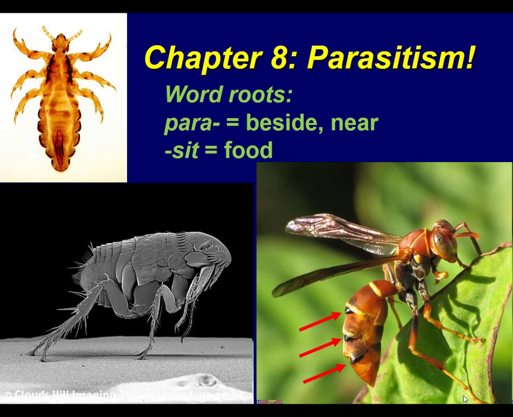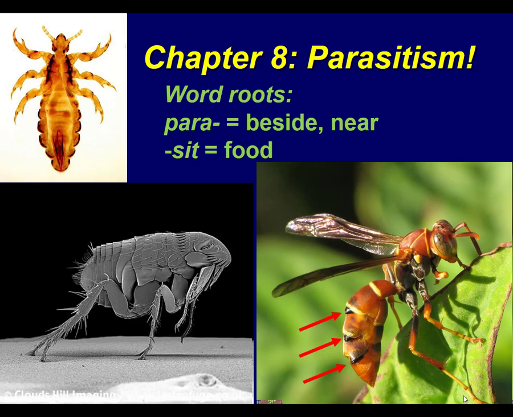All right, howdy, howdy. So we're going to move on a little bit into our next chapter, which handles parasitism. And one thing to keep in mind, what it actually means. So para, by the way, is a word root that means sort of hanging off the side, just close by or on the edge or near.